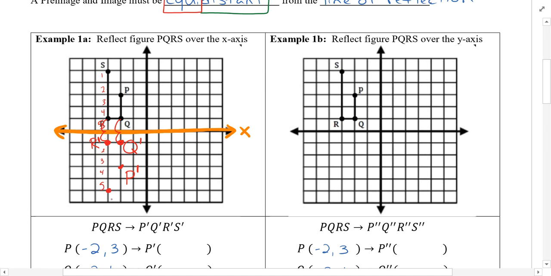Our image of S is right there. And then I can recreate my figure. And we notice that figure PQRS has flipped downward over the x-axis.